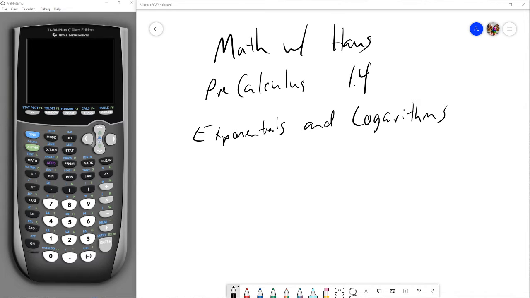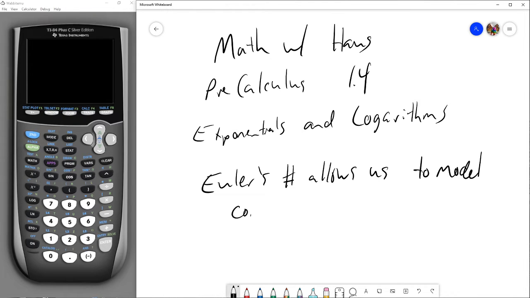And now, what is Euler's number really? We discovered it, sure, but what is it used for? The claim is that Euler's number allows us to model continuous change.